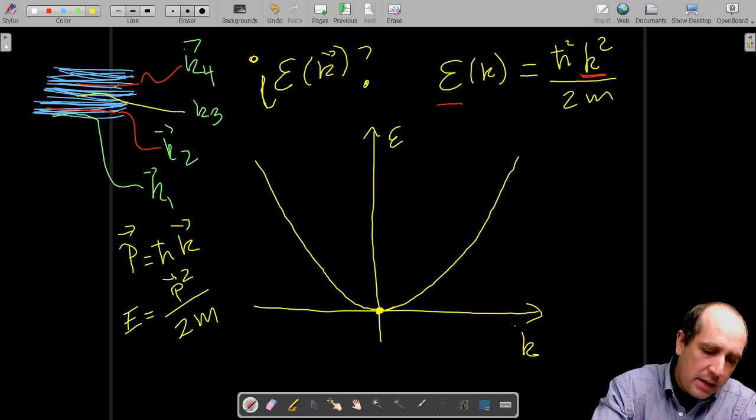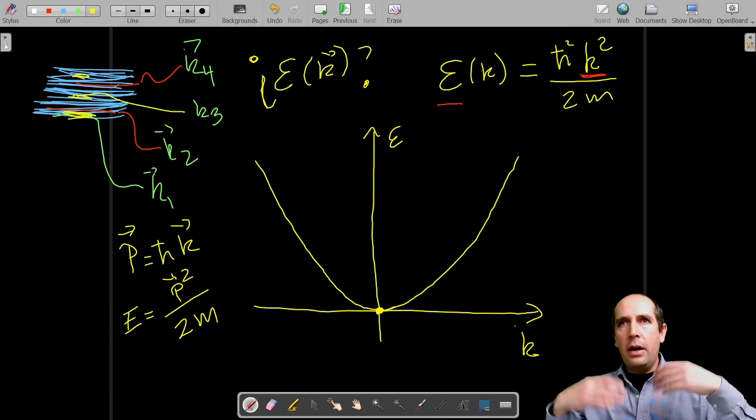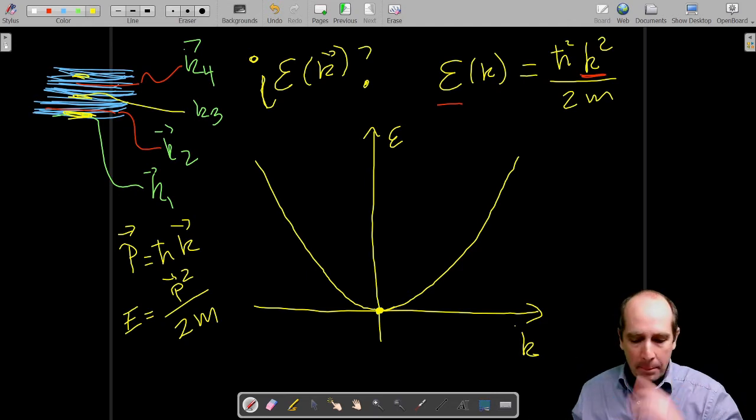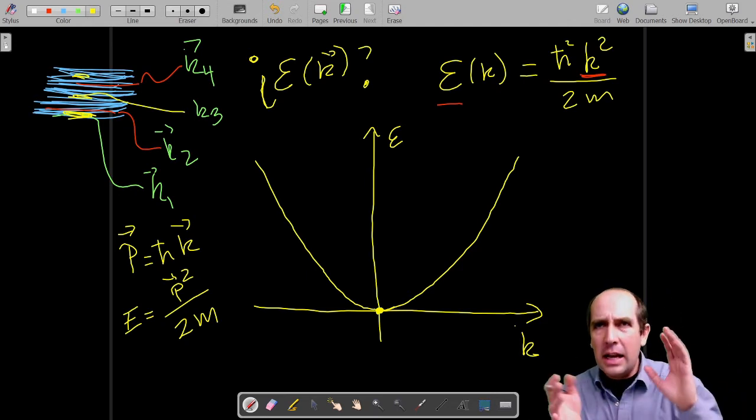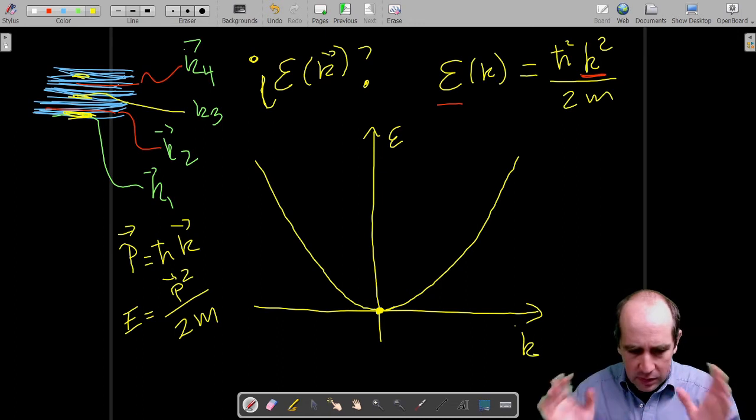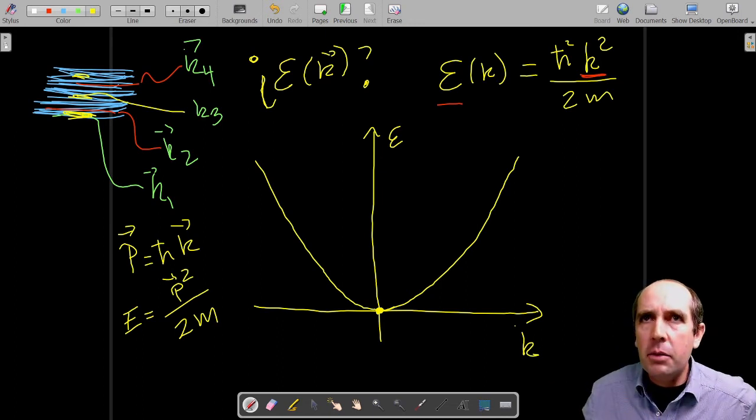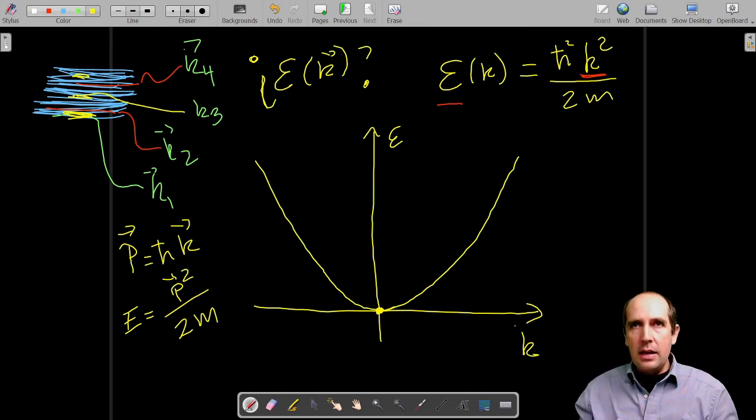So this means that these levels here and the level here and the level here, each one will have a bigger and bigger K for that matter. Again, K is a vector. We're thinking at the moment just in a one-dimensional thing, but in principle K is not just a one-dimensional line, but a two-dimensional or a three-dimensional, or lives in a three-dimensional space.